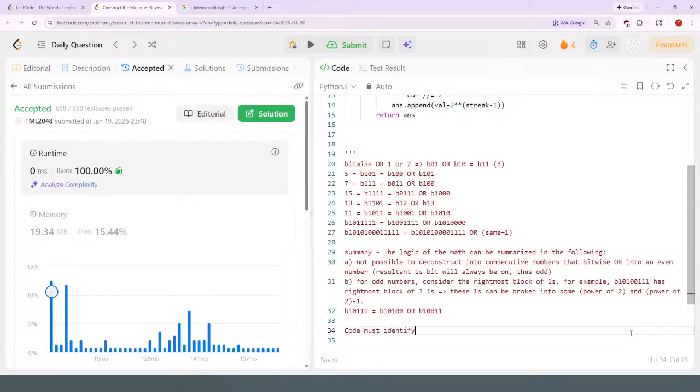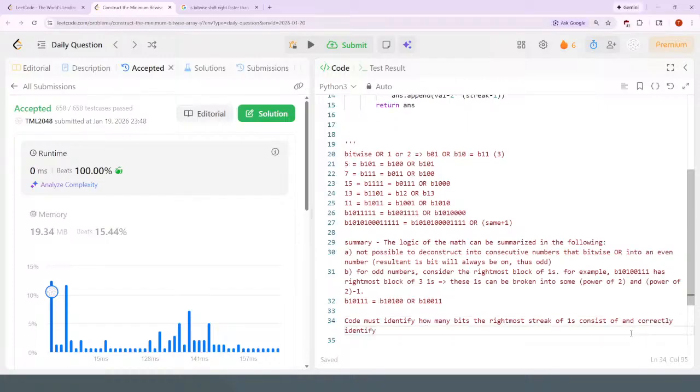Identify how many bits the rightmost streak of ones consists of, and correctly identify how that value compares to the original value. Let's see.